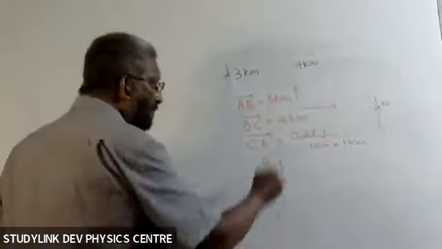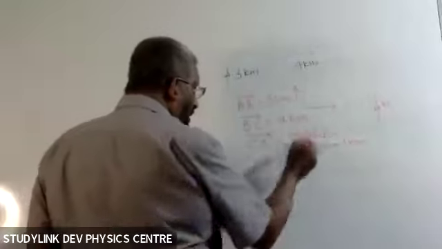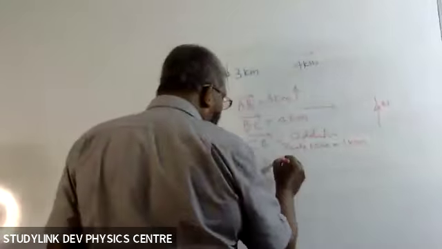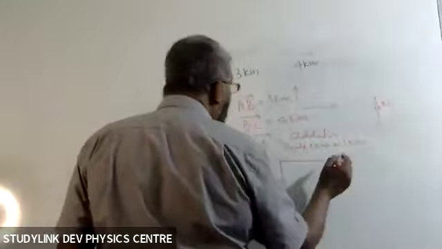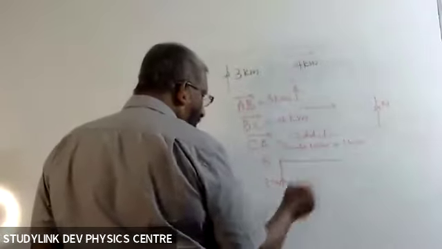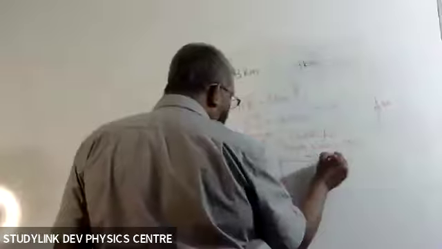That's my scale. First one is 3 centimeters, sorry. Then AB, then BC is 4 centimeters.